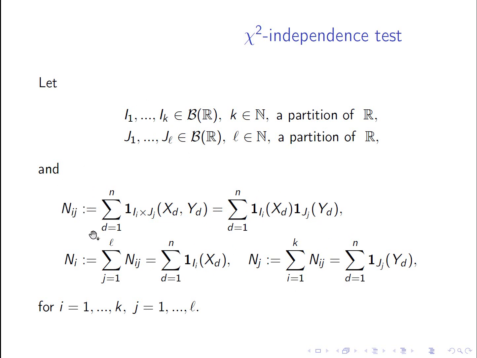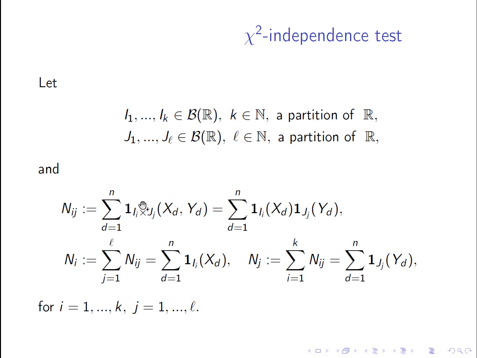Nij, Ni, and Nj are just random variables which count. What do we count? We run through xd and yd from 1 to n, and check whether xd and yd lie in the product of Ii and Jj. If yes, we get a 1.